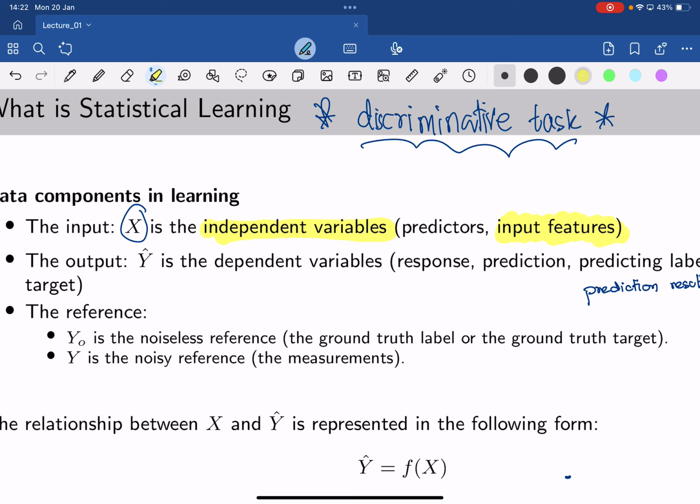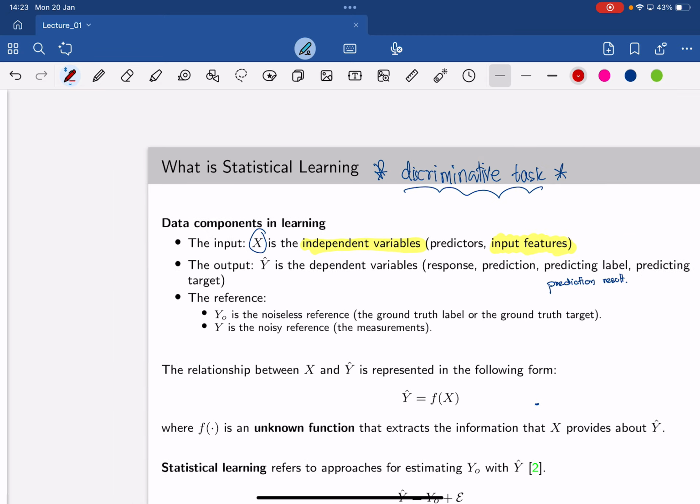But just letting you know, some textbooks may be calling this input predictors. But I don't want to use that name because it's confusing. But just letting you know, sometimes it is actually called that way. But let's call it input features or just an input or inputs, depending on how big that input is. Okay.